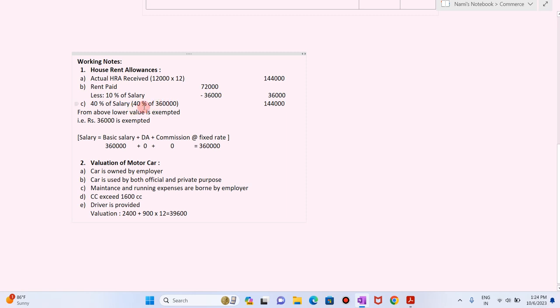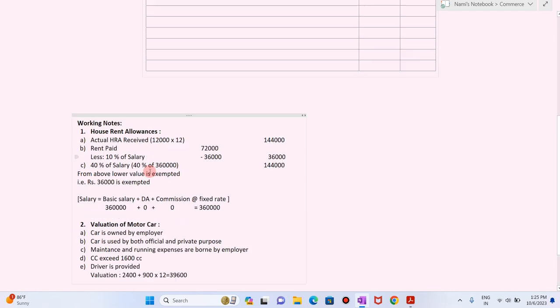Now 40% of salary we get how much? 1,44,000. Okay, now from these three steps, 1,44,000, 36,000 and 1,44,000, whichever is the lowest value, that will be exempted. Therefore 36,000 is exempted from house rent allowances.